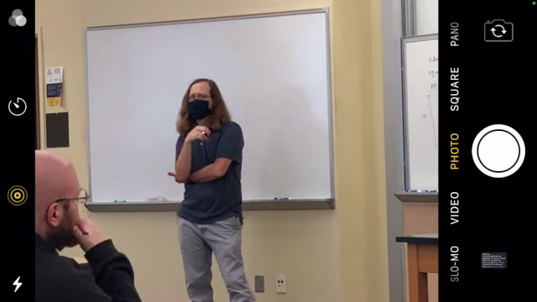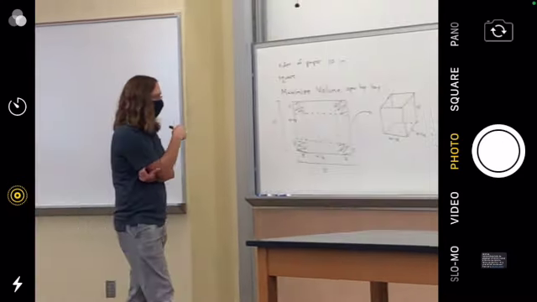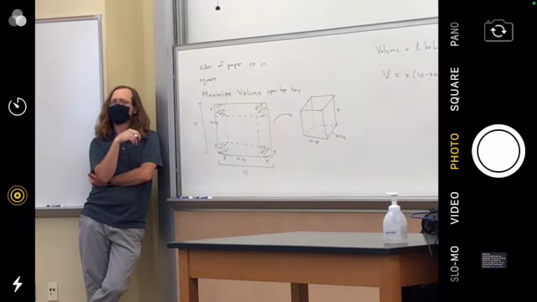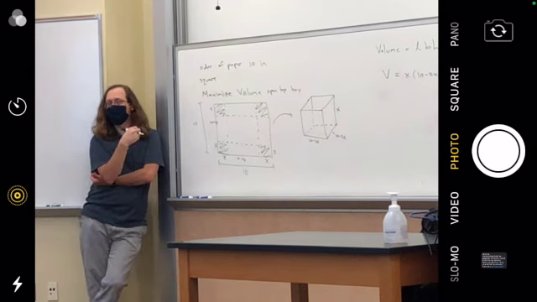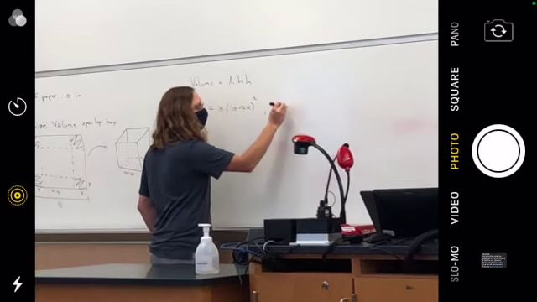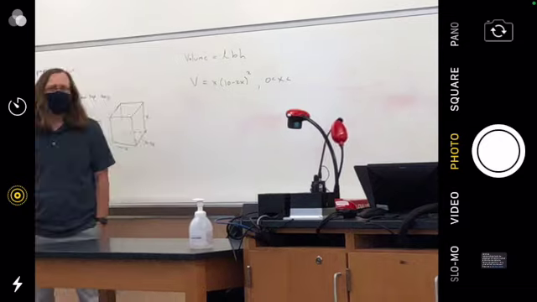What do I need? What's the smallest value for X? 0. Like I need to make a cut to make a box. So I know X is bigger than 0. How big can X be?